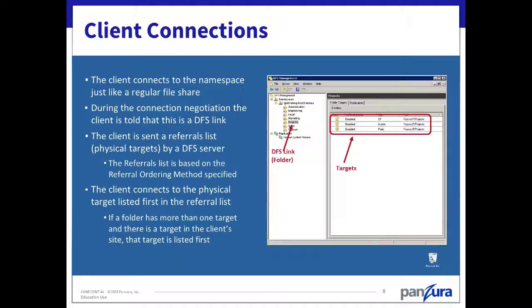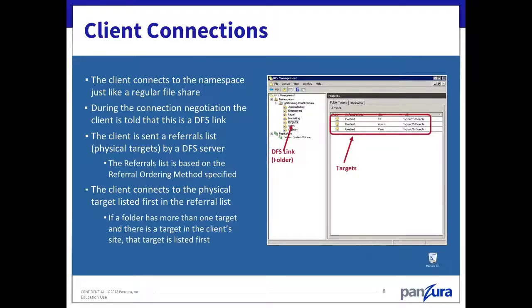So as we said, it's \domain name\namespace, and they can go to \folder like projects. And during this connection, the client is told that this is a DFS link, and then the client is sent a referral list from the DFS service. The referral list is based upon the referral ordering method that we will cover very shortly.